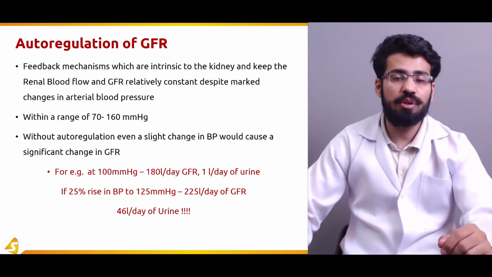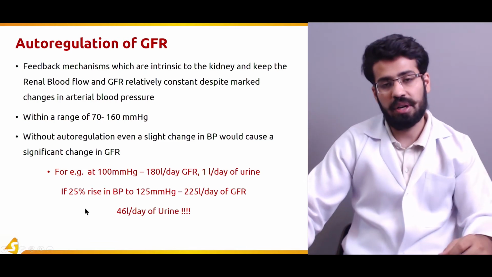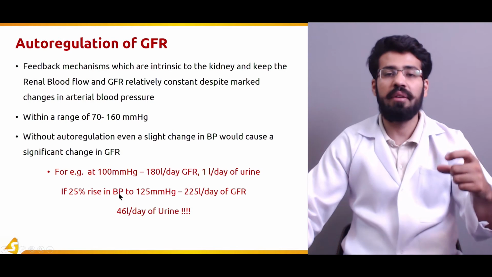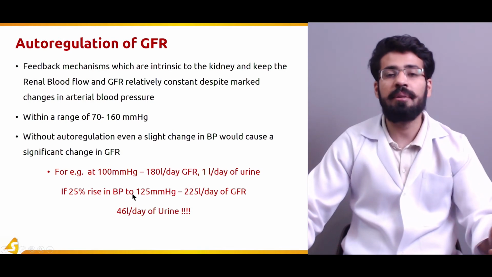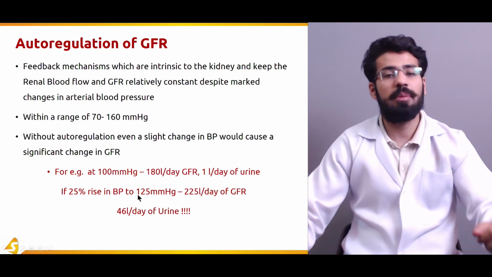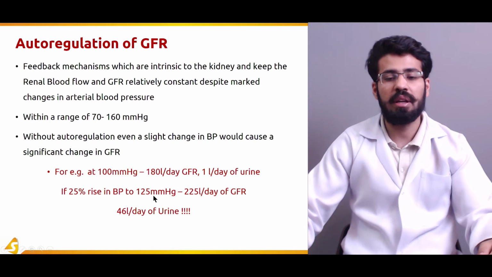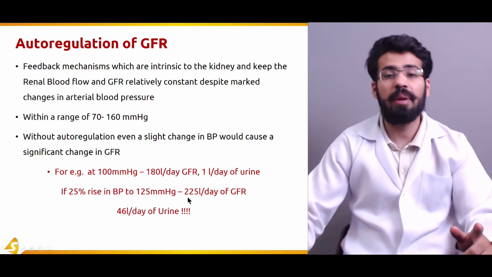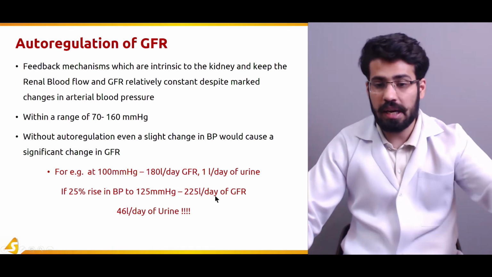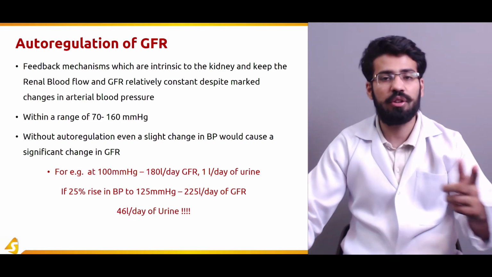Since we have assumed that the autoregulation is not present, let's increase this pressure by 25%. After increasing it by 25%, it will become 125 millimeters of mercury. So it has increased by 25 millimeters of mercury. This will increase the glomerular filtration rate from 180 liters per day to 225 liters per day.